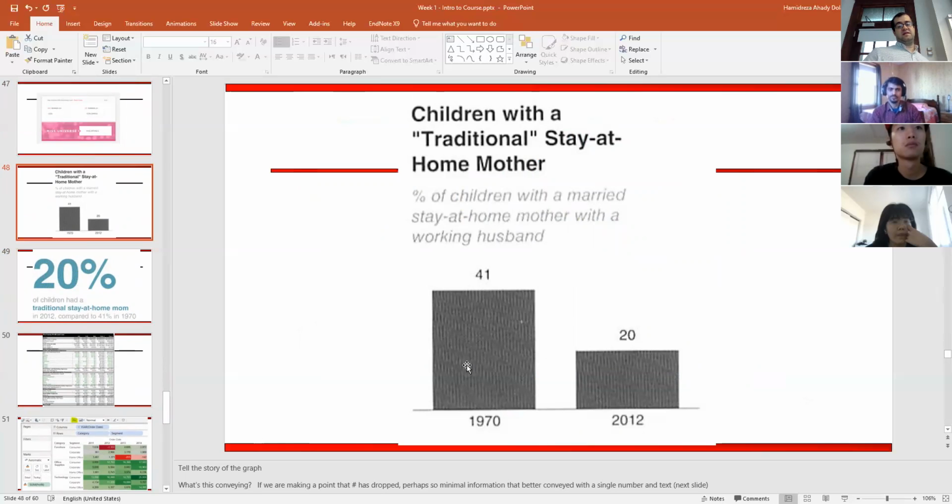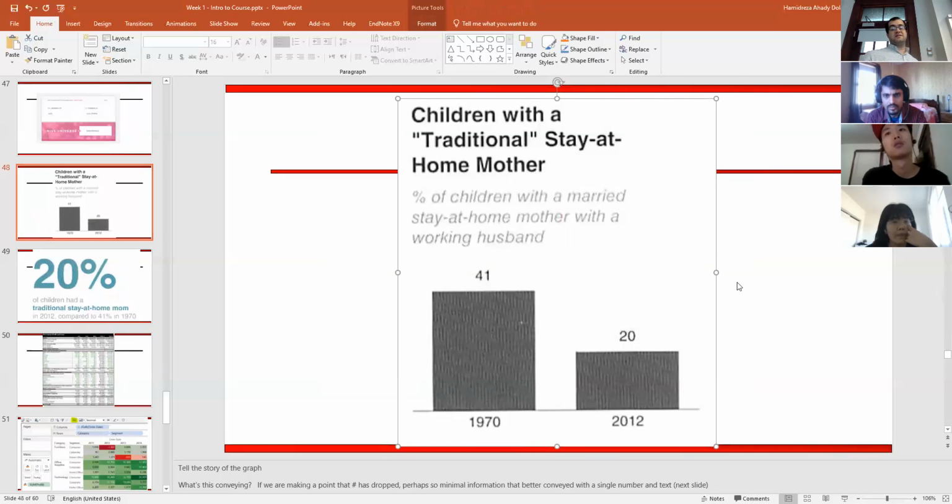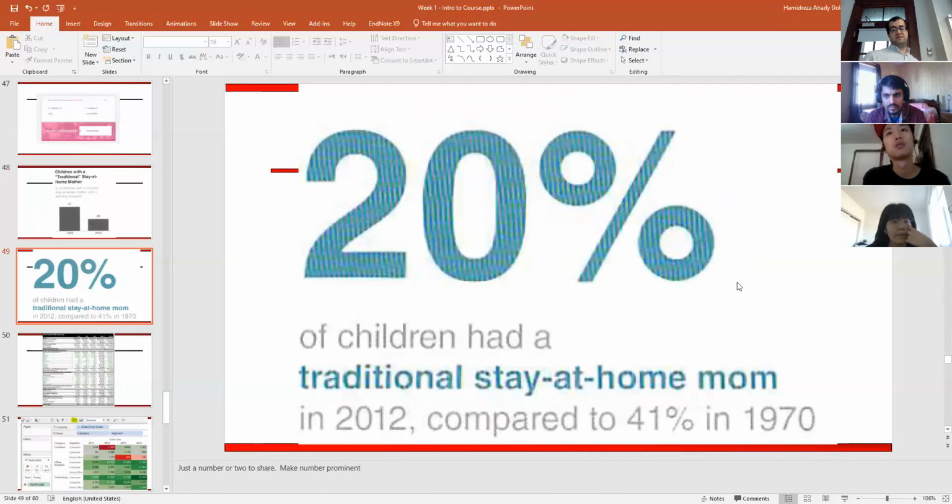Here you see they want to say in 2012, 20% of children had a married stay-at-home mother with a working husband. In 1970 it was almost 40%, and 2012, 20%. But you need to spend time, read everything, find it. It's okay, but look at the next format.